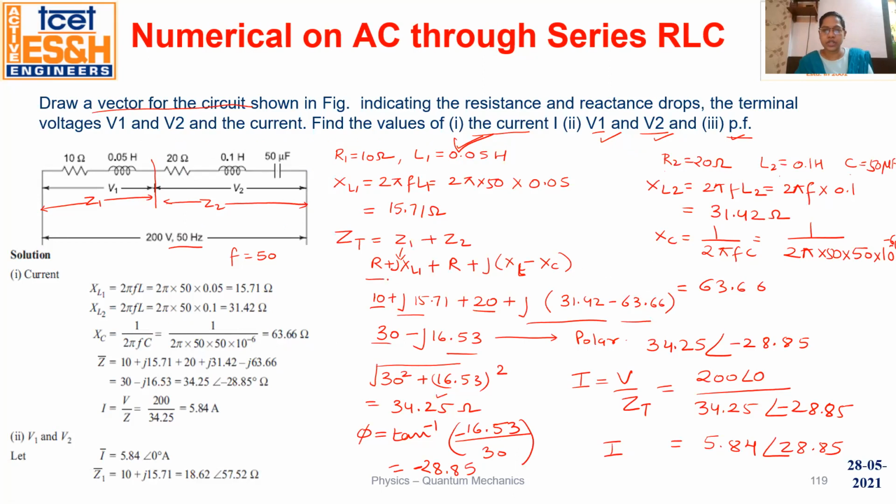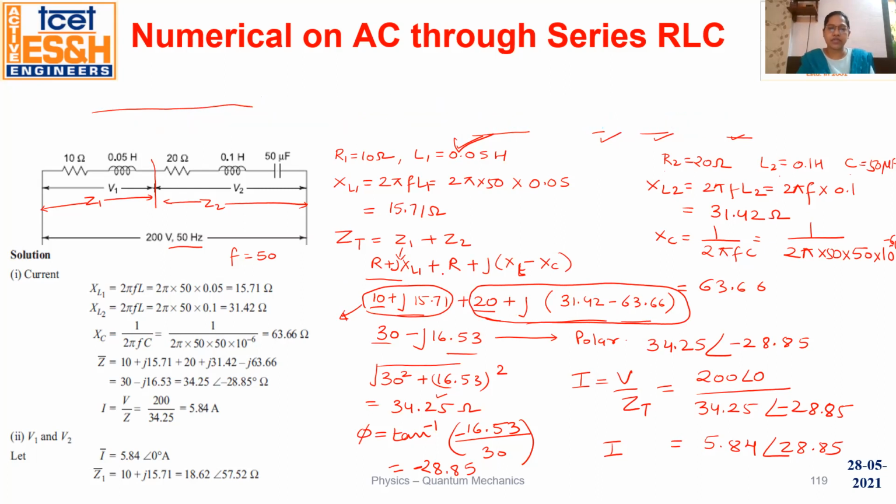This is the equation given for Z1. This is the equation for Z2. So we have to find Z1 and Z2 in polar form. See here, 10 plus J 15.71.